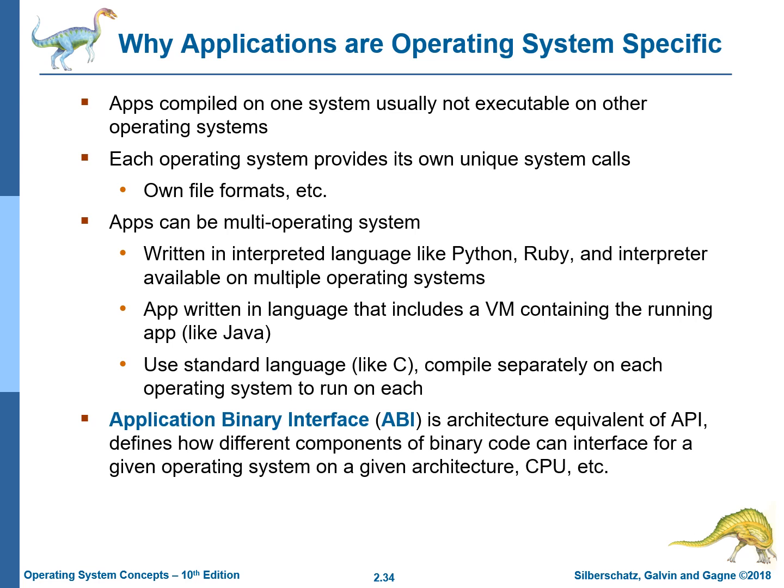Or the app is written in a language that includes a VM containing the running app, like Java, or it uses a standard language like C, and it compiles separately on each operating system to run on each. The application binary interface is the architecture equivalent of an API, and defines how different components of binary code can interface for a given operating system on a given architecture, CPU, etc.